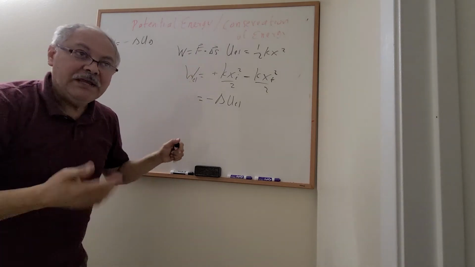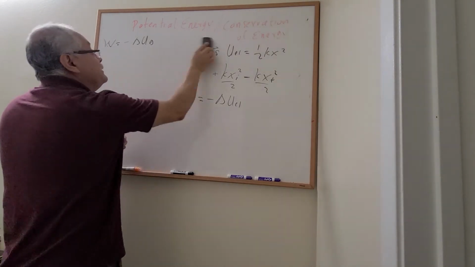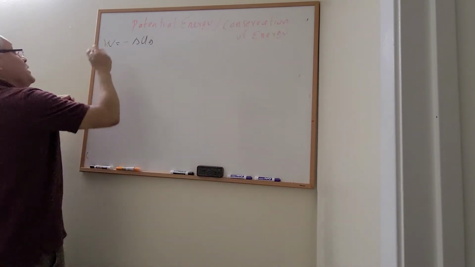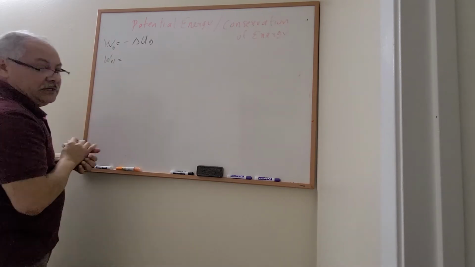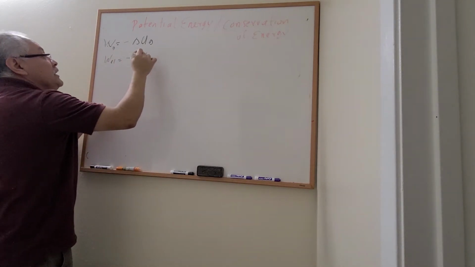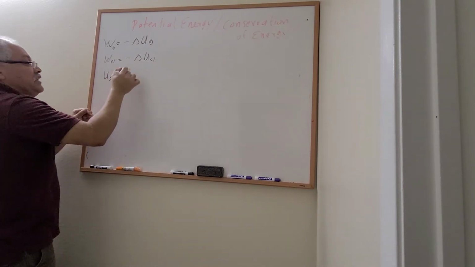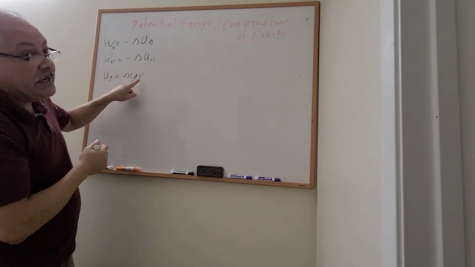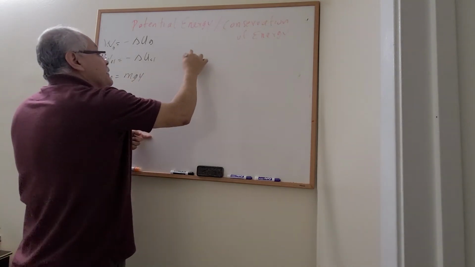Now let's try to explain this type of force. This is for gravity, and the work done by the spring, elasticity, equals negative the change in the elastic potential energy, while gravitational potential energy equals mgy, sometimes called mgh. Perfect.